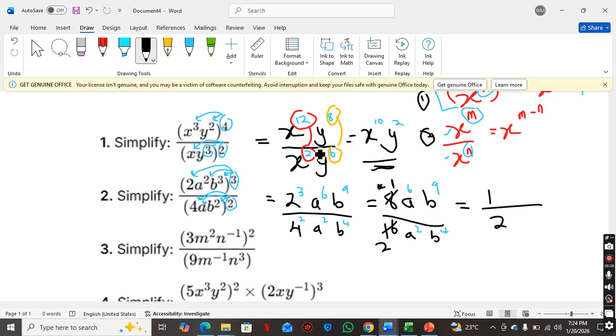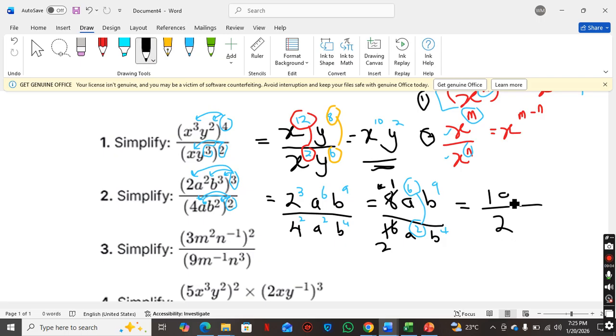Then for our a here, we're going to say 6 minus 2, that gives us 4.